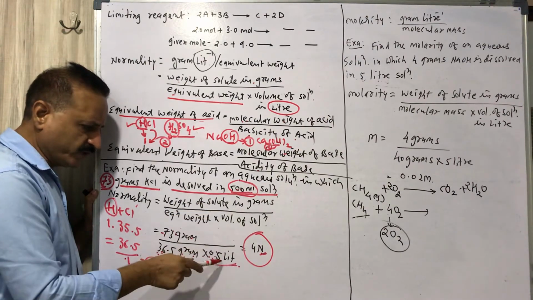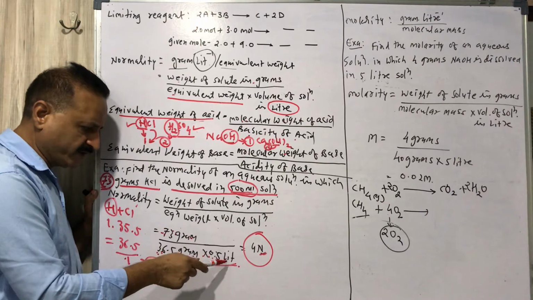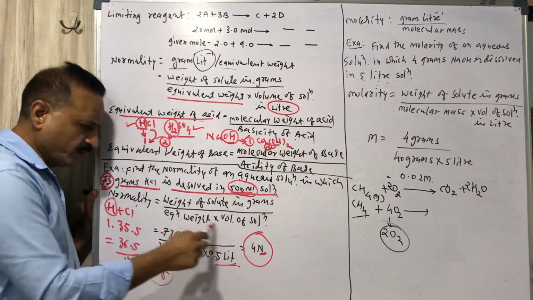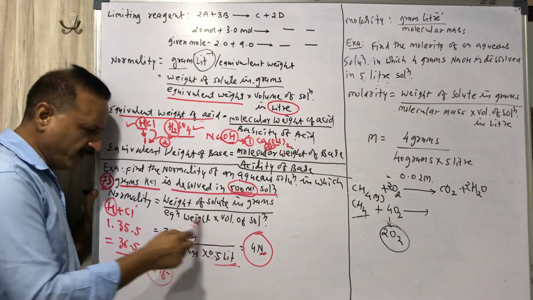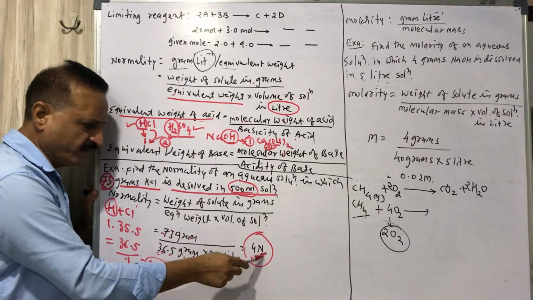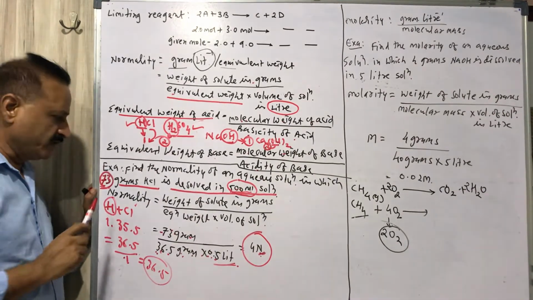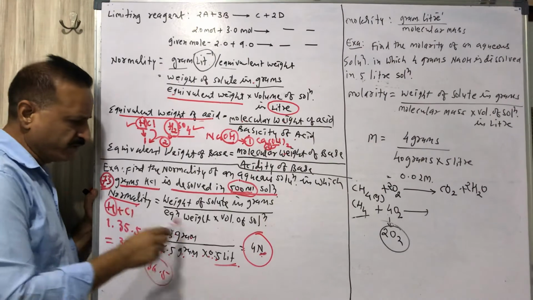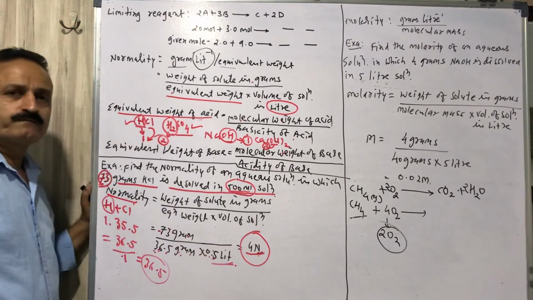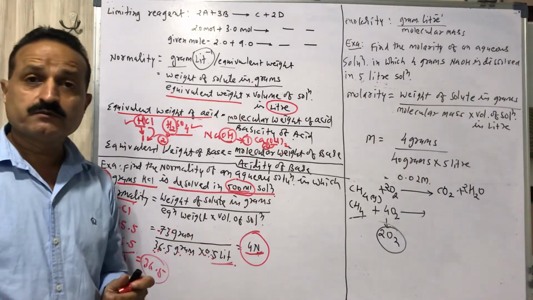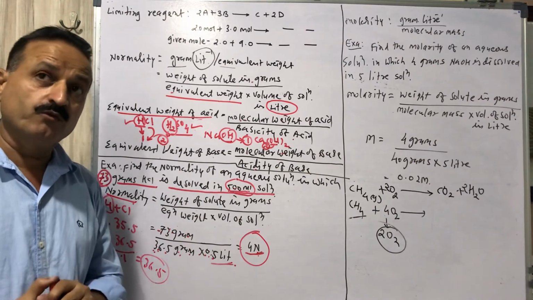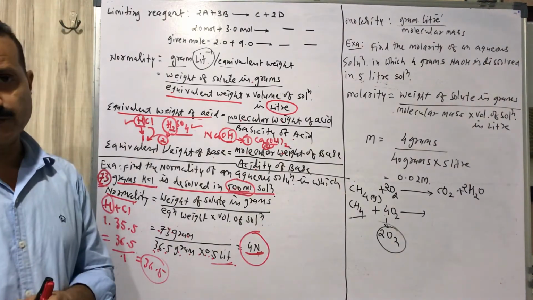We convert it into liters, so it is 0.5 liter. In simple form, we have 4 normal. So the normality of the solution will be 4 normal. I will give more examples in the next lecture.